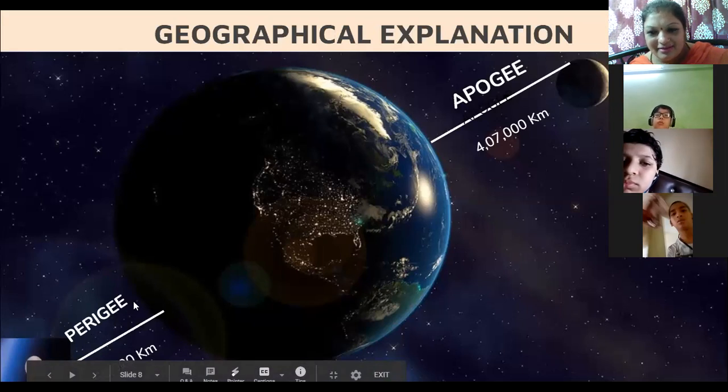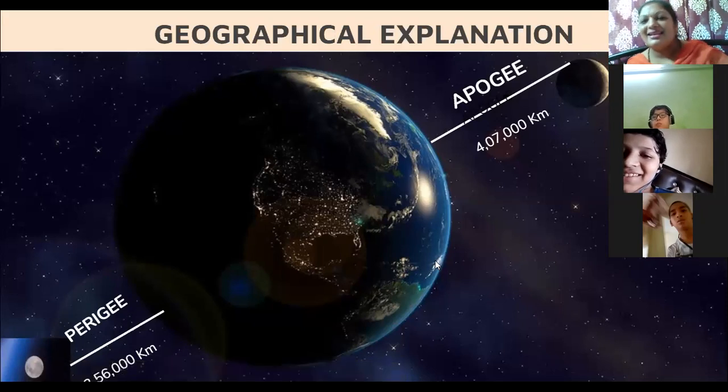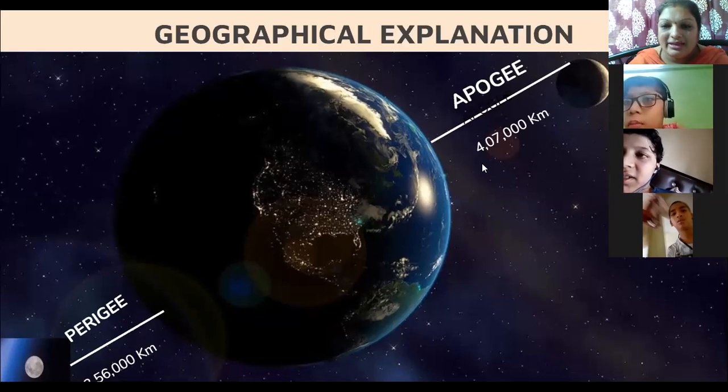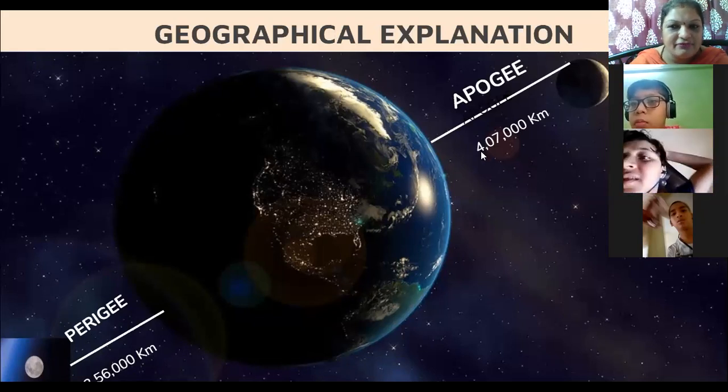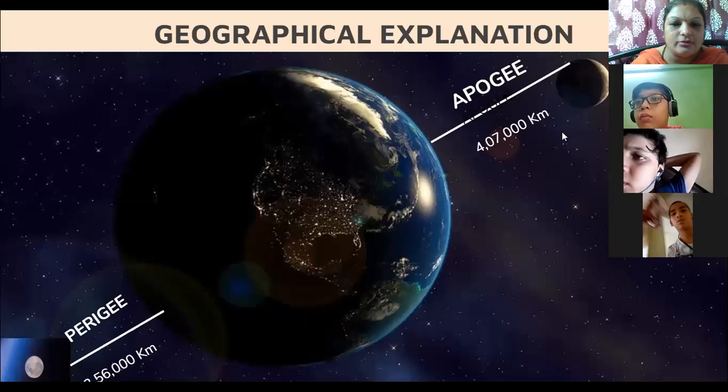Easy thing to remember. Okay, so when it is away from the earth, in the apogee position, the distance is 4,07,000 kilometers.